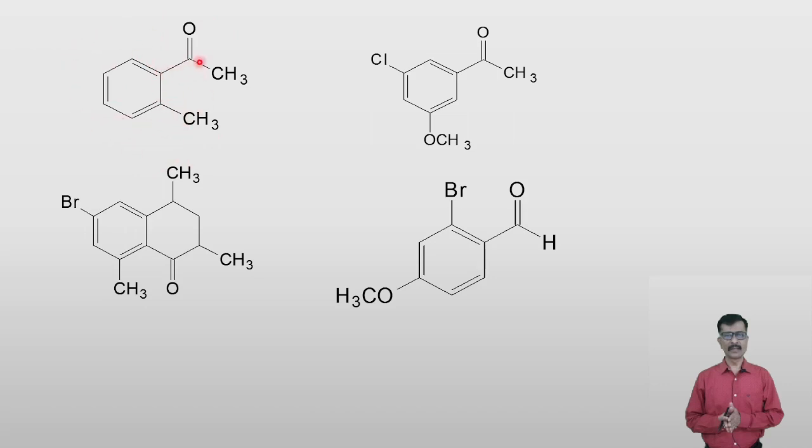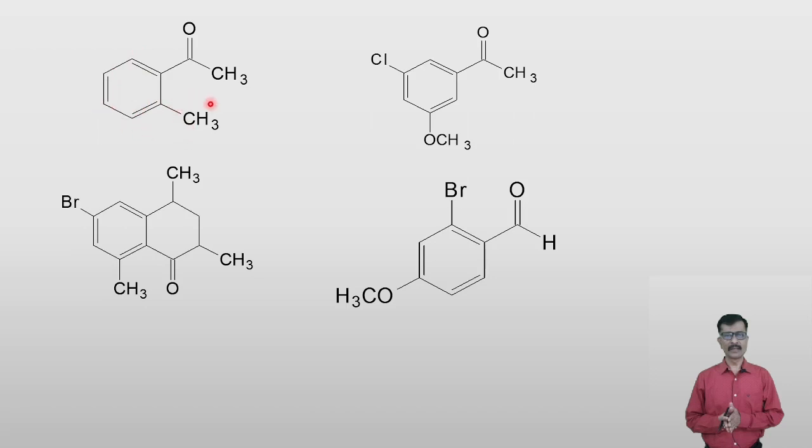Now, C double bond O, this X is an alkyl group, so it is a ketone, an aromatic ketone. From this, start numbering: number 1, 2, 3, 4, 5 and 6. So 2nd and 6th ortho, 3rd and 5th meta, and 4th para.